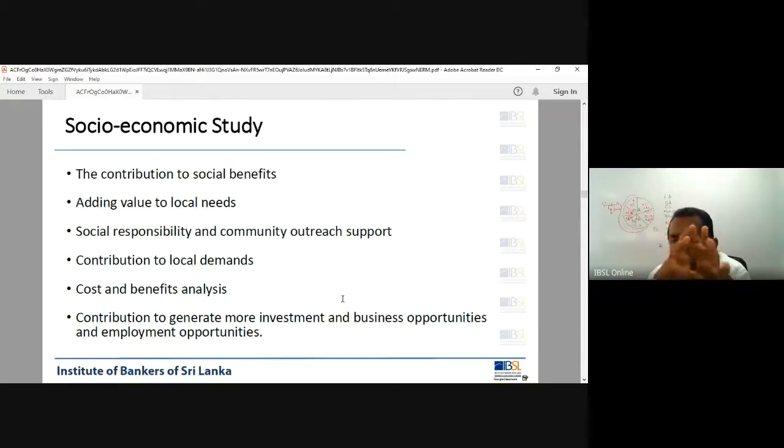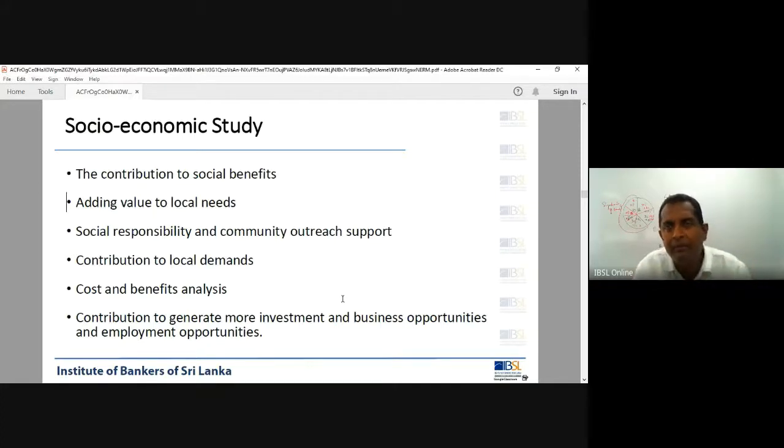So what is the impact you create on society? Then, are we stopping any imports? Are we saving foreign currency for the country? Are we utilizing our raw material? Are we adding value to the raw material?